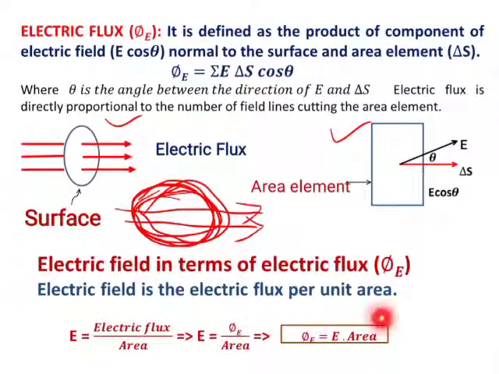Another reason is that there is a dot product, and whenever we open a dot product we have to write cos theta: E delta S cos theta. Electric flux is directly proportional to the number of field lines. If electric field lines are more, then definitely electric flux is more.